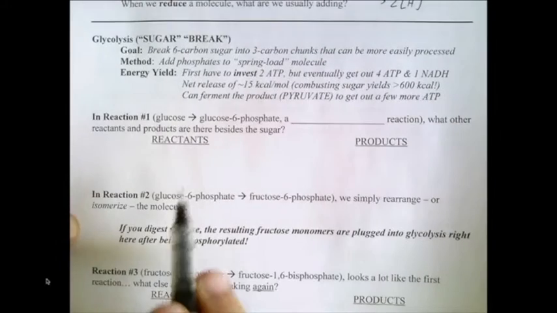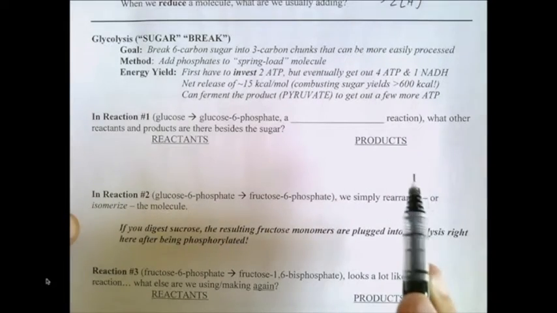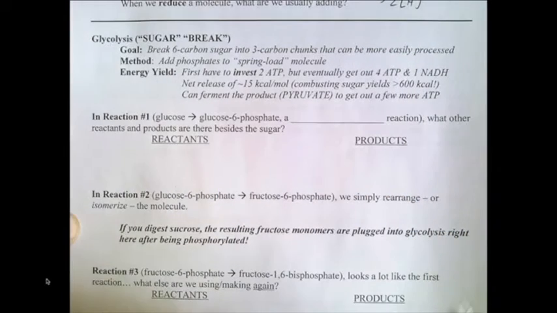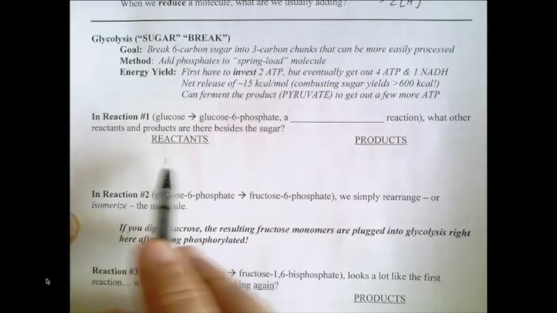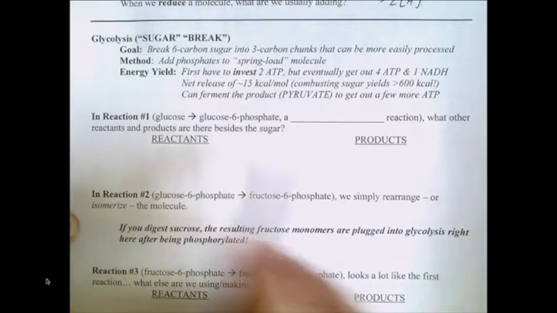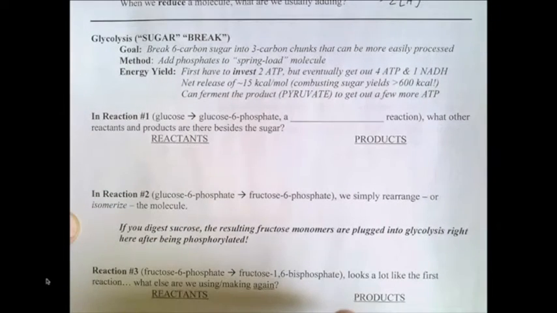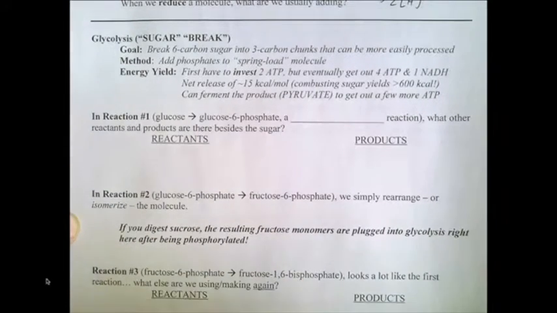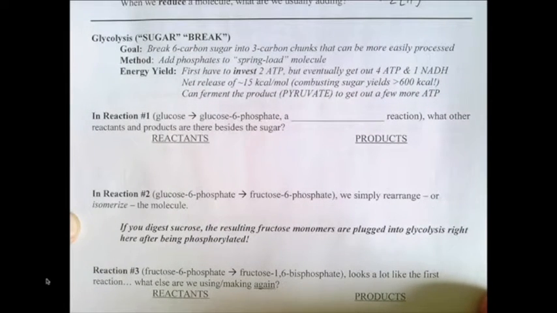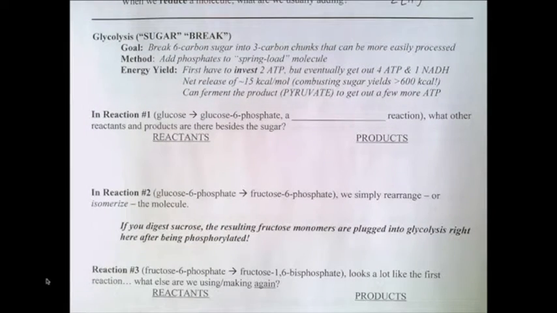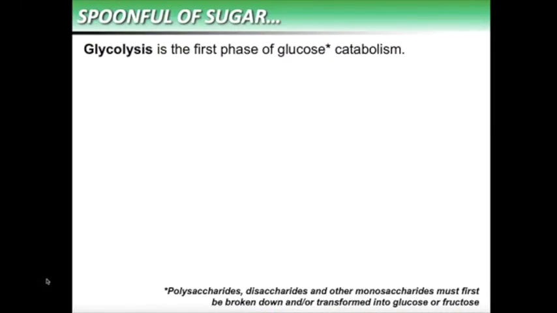What I'm looking more at are the other reactants and products, things like water, things like coenzymes, things like ATP, and eventually things like CO2 when they get peeled off. Because what we're going to do by the end of this is sum up everything that happens in every step of these processes and give ourselves a lovely little summary reaction and see what it is that we've been doing this whole time.